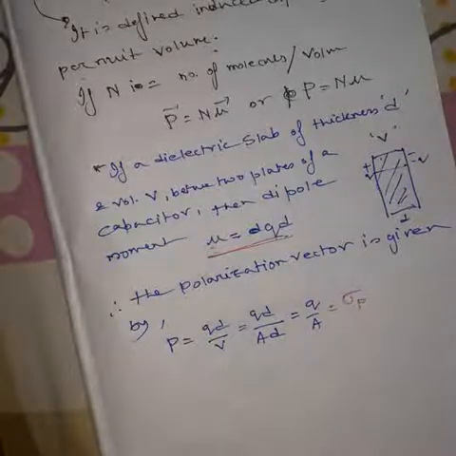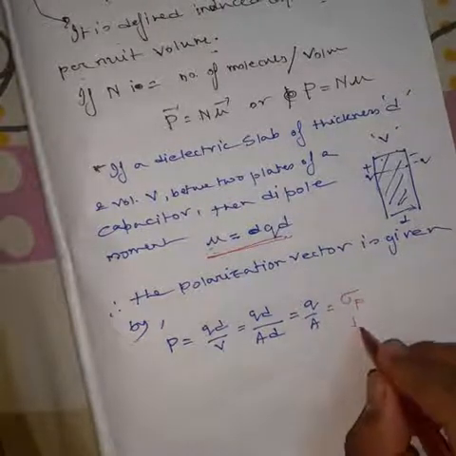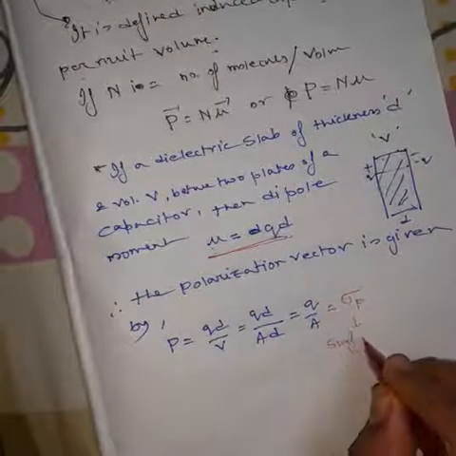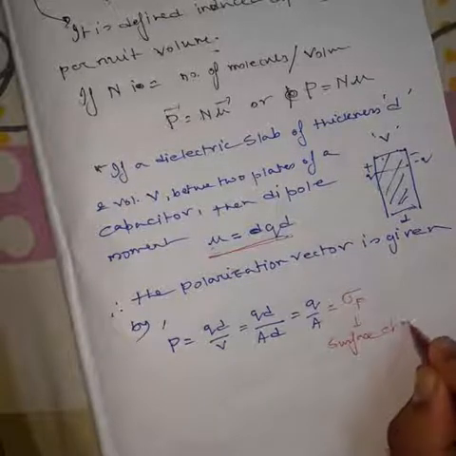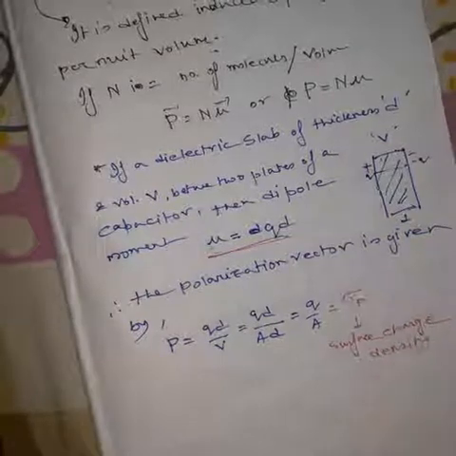But in some metal, in a capacitor, there can be some free charges. For that case, it will be sigma if I have some external charge. So this is called surface charge density.